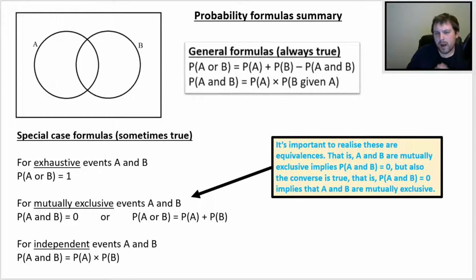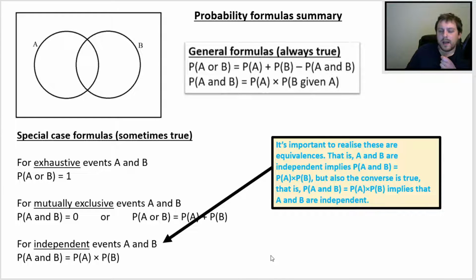Where that is most often relevant to a question is you will show one way or another that the probability of A and B is actually the product of the probability of A with the probability of B. And from that fact, you will then be able to conclude that A and B are independent.